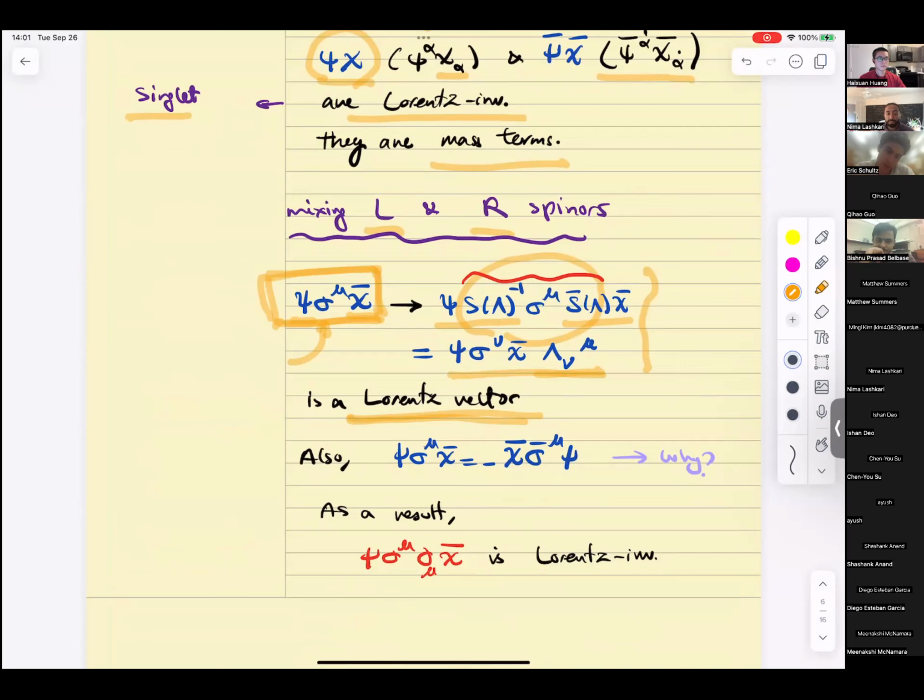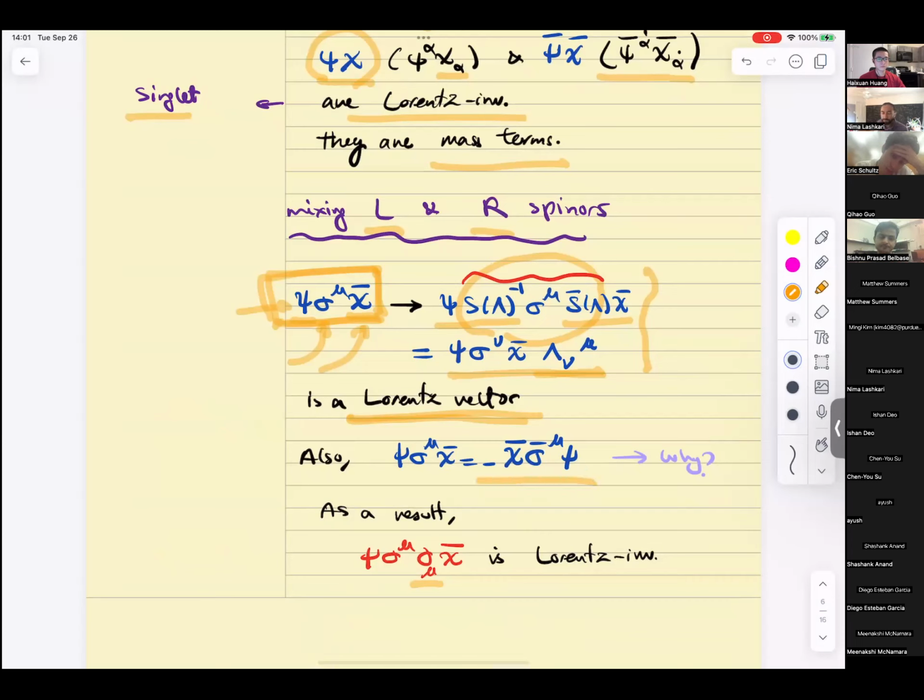So if you want to get something Lorentz invariant, you could just put a del mu derivative in between the two. That will ensure you get something Lorentz invariant. You might be tempted to put a bar here, put a right-handed Weyl fermion here and left-handed Weyl fermion here.